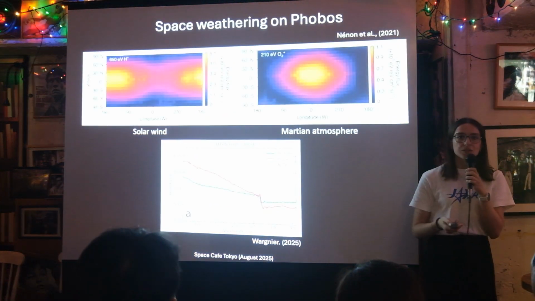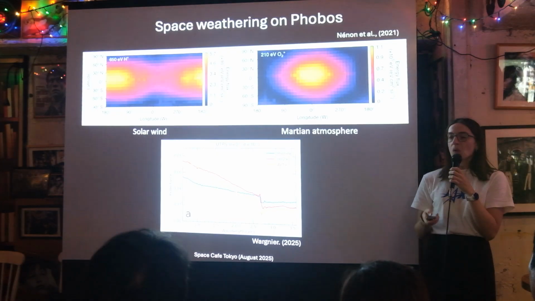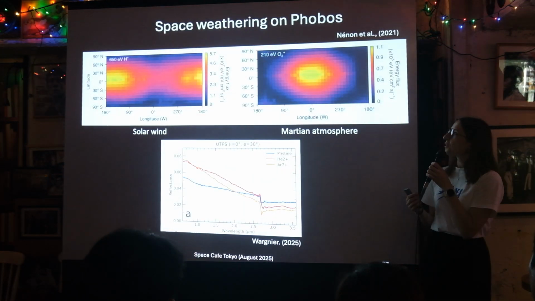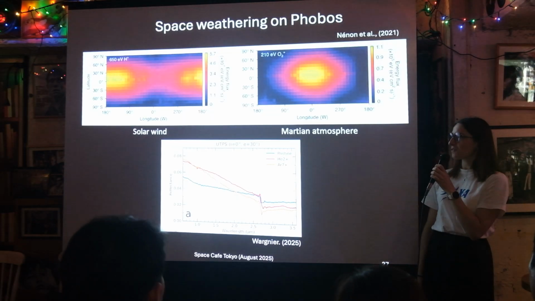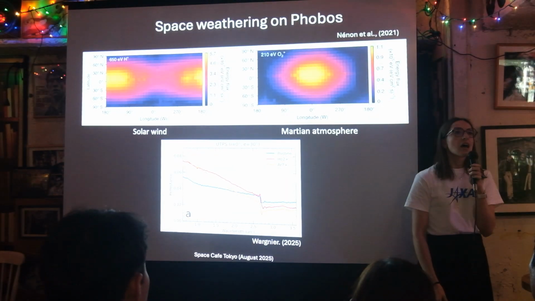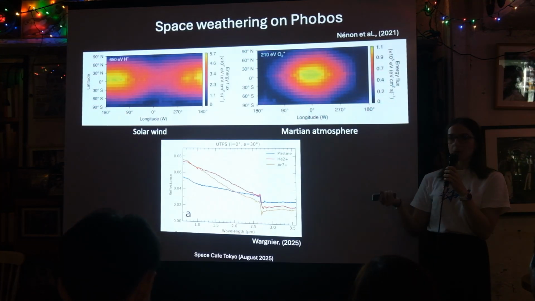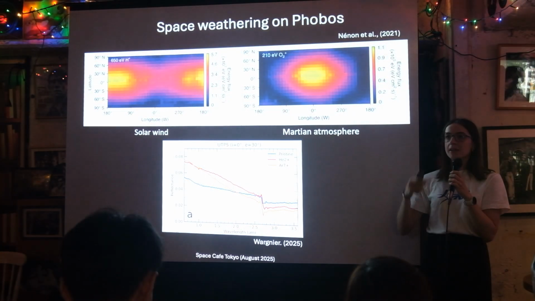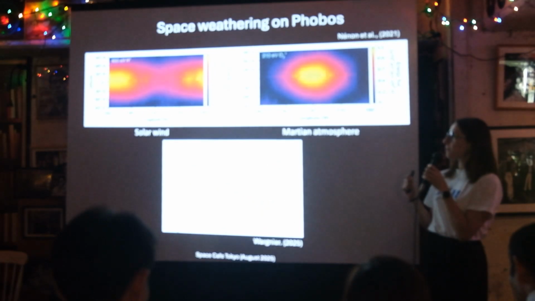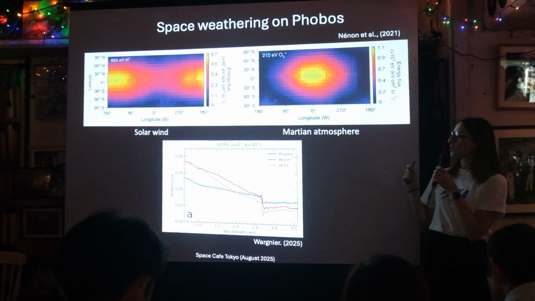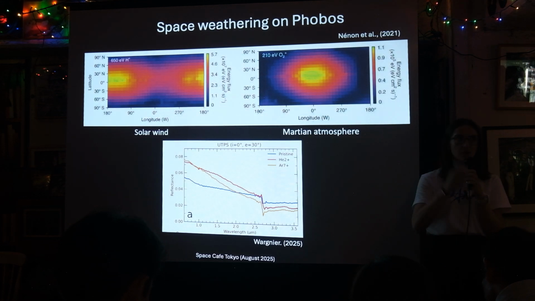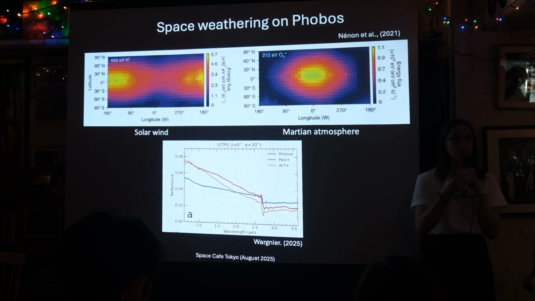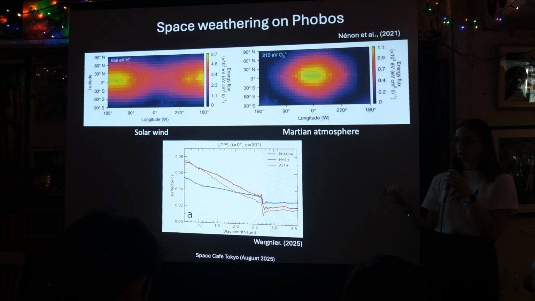And so, like Mercury, with no magnetosphere and no atmosphere to protect them, the moons are submitted to space weathering. And for Phobos, it's a very, very specific case, because it's submitted to solar wind, like Mercury, and to asteroids, but the very particularity of Phobos is that it's also submitted to bombardment from the atmosphere of Mars, because it's so close to Mars that charged particles coming from the atmosphere of Mars reach the moon, and so can bias the surface.